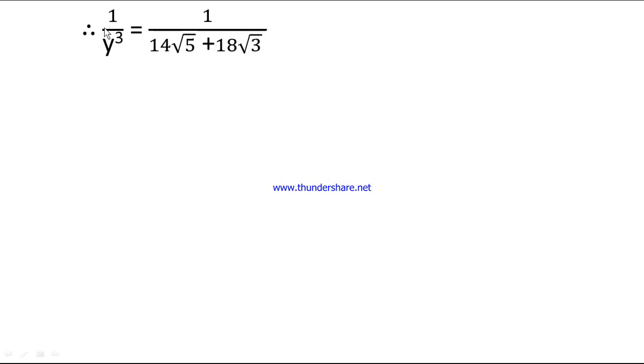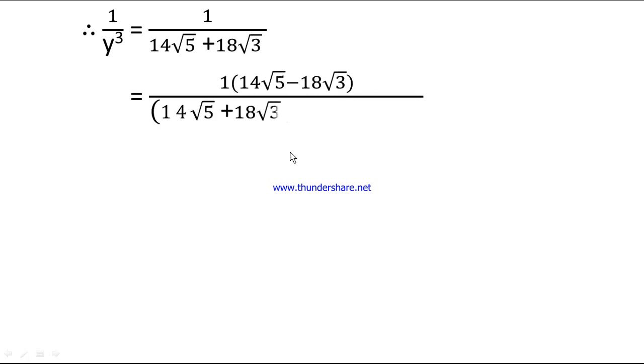Now therefore 1 by y cube is equal to 1 by 14 root 5 plus 18 root 3, and in the next line I have multiplied the denominator and numerator by 14 root 5 minus 18 root 3.